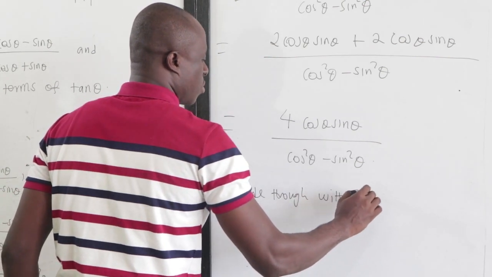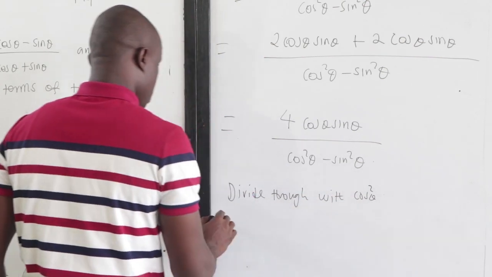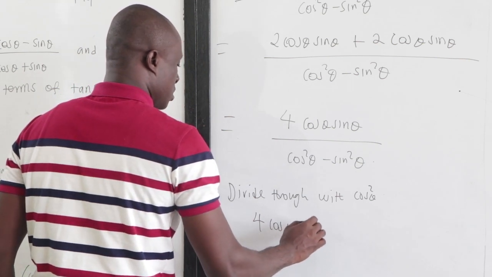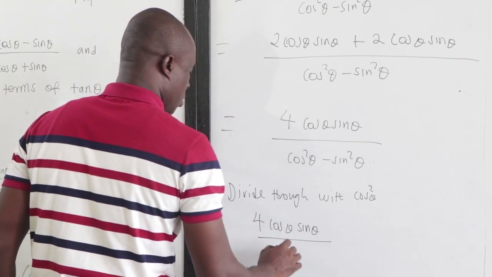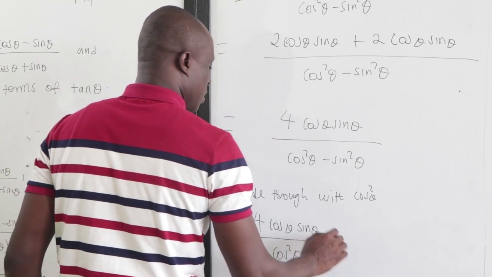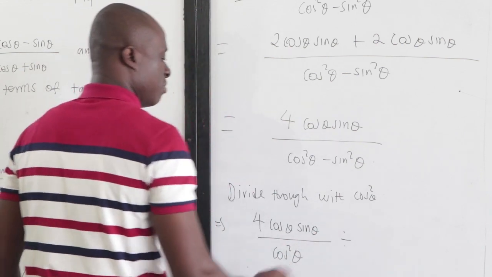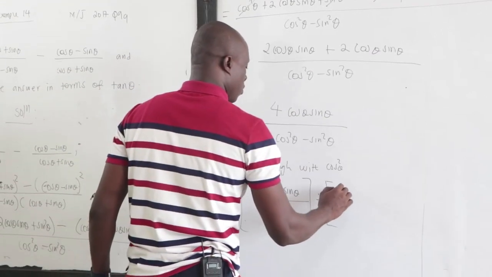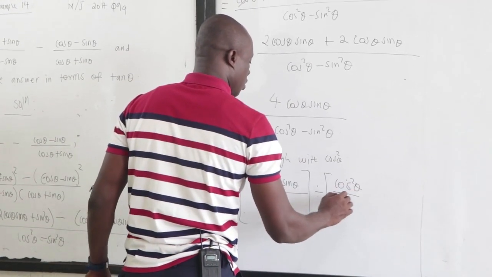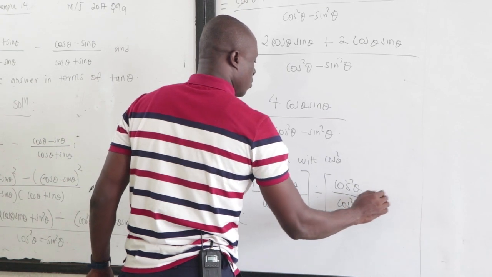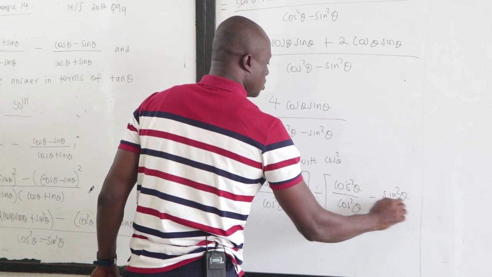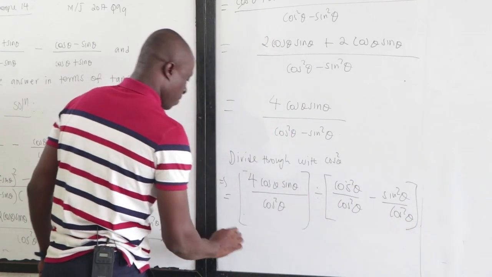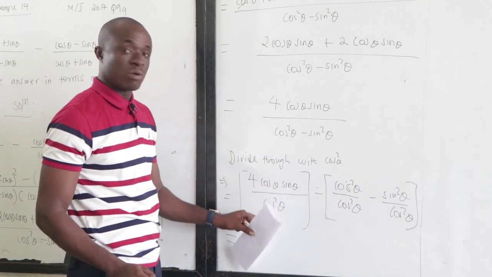So when I divide through with cos square theta, what do I have? I have 4 cos theta sine theta all over cos square theta. That's the numerator divided by denominator. So this is the numerator. We have cos square theta all over cos square theta minus sine square theta all over cos square theta. Now, cos theta will cancel 1 cos theta.